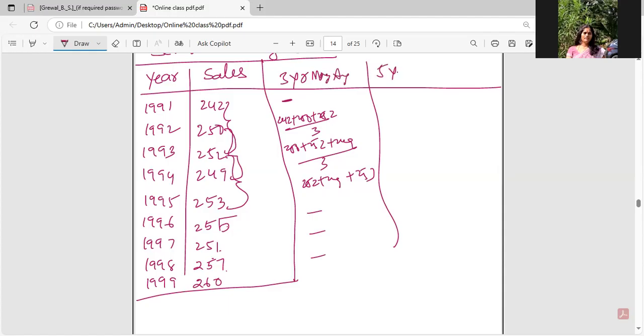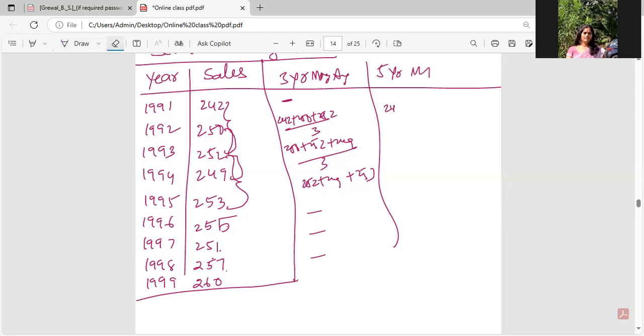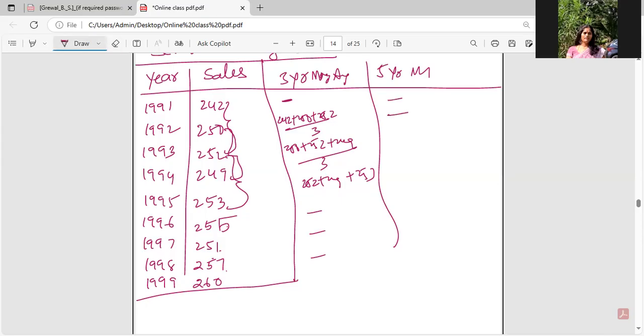Suppose it is a 5-year moving average. I will take the first 5 values. So the first one would be blank, the second one would be blank. Then the third one would be 242 plus 250 plus 252 plus 249 plus 253 by 5.